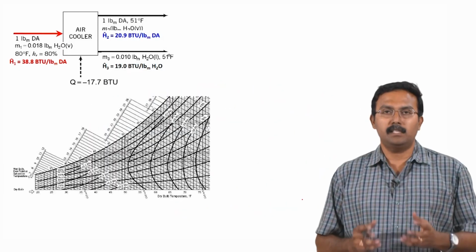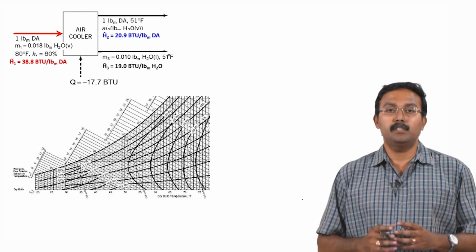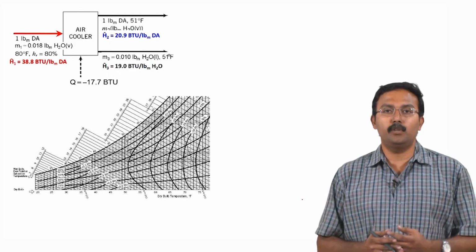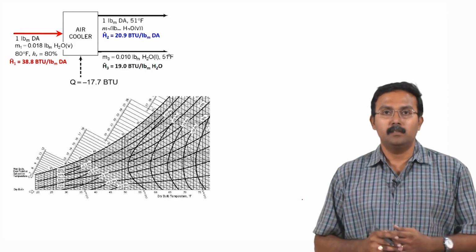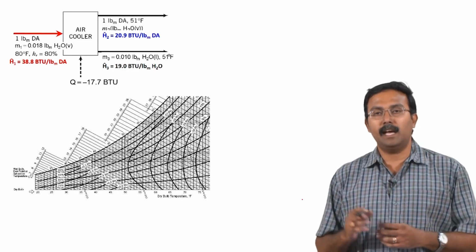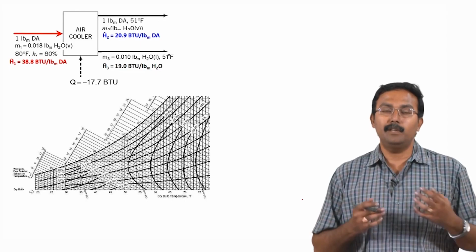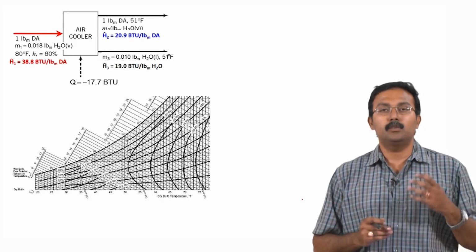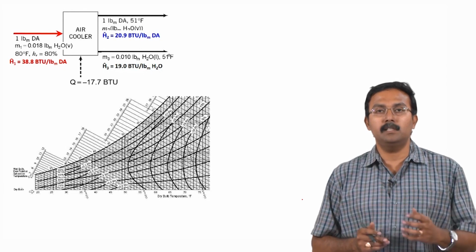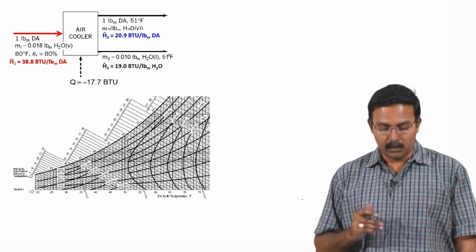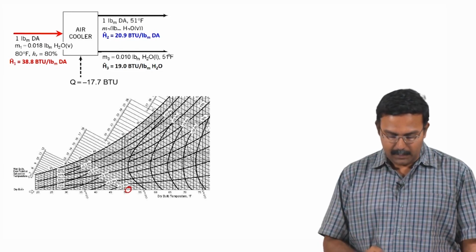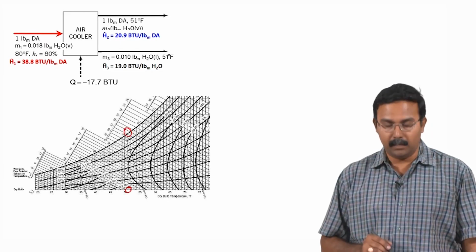The problem asks us to identify how much heat needs to be removed for producing 1000 feet cube of humid air. So, we know the mass of dry air which is leaving the system, however, we do not have the volume of humid air which is leaving the system directly. That we can identify using the humid volume data. The exit stream is at 51 degrees Fahrenheit and 100% relative humidity.